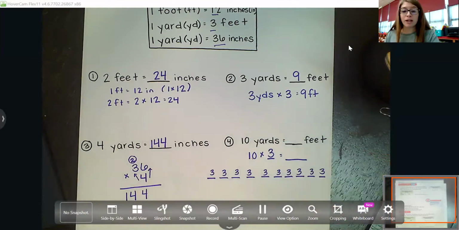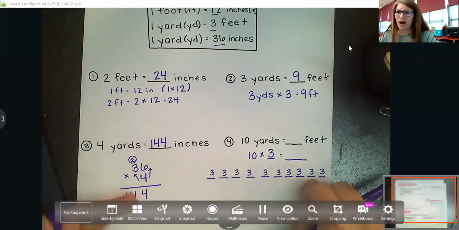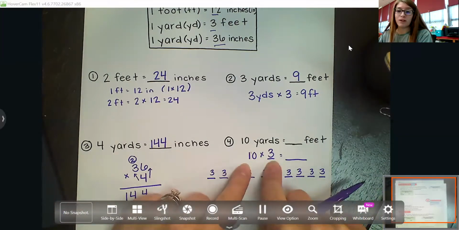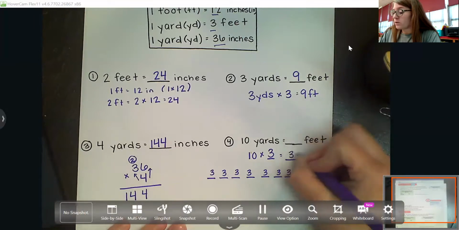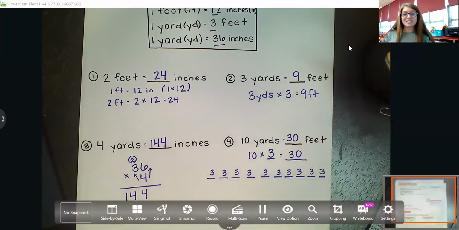That's how we've got to look at it. Now we could do 3 plus 3 plus 3 plus 3, but that would take a while and we might lose count. So it's just going to be easier to do 10 times the 3 feet. And what is 10 times 3, boys and girls? It is 30. Very good. So 10 yards is the same thing as 30 feet.